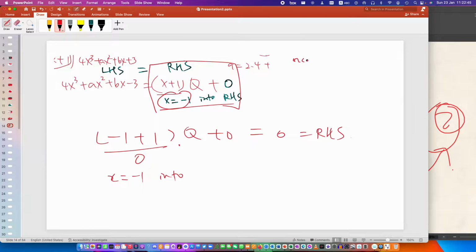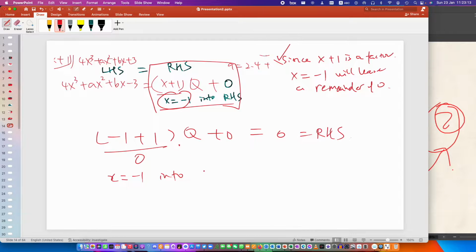Since x plus 1 is a factor, x equals negative 1 will leave a remainder of 0. So this is not an assumption, this is the fact.